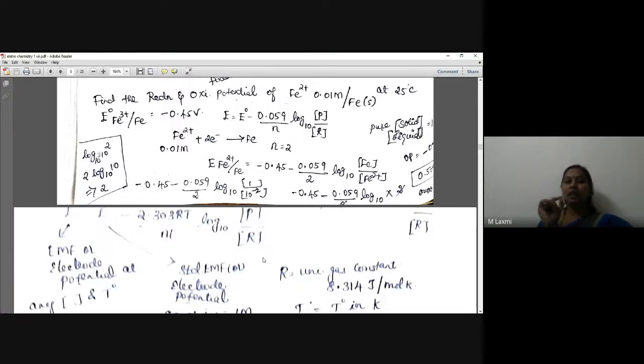If aqueous is mentioned in the numerical, it means the solvent used there is pure water. So for pure water also, the concentration is taken as 1. So if you see a pure solid or an aqueous form where pure water is used, in those cases the concentration should be taken as unity.